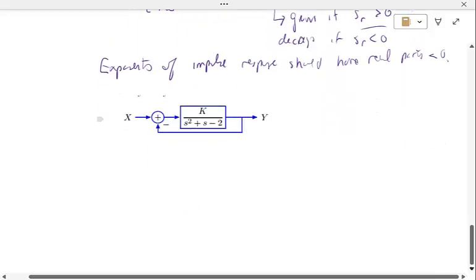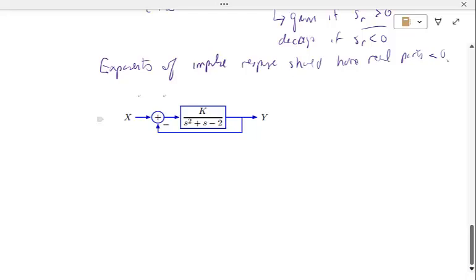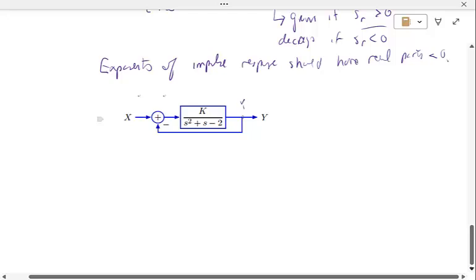So what you want to do is find the impulse response, and we can do that the way we usually do. Here we have, from this plus, this node here is y. So here we have x minus y as the input here, and then we have x minus y times k over s squared plus s plus minus 2 is equal to y.